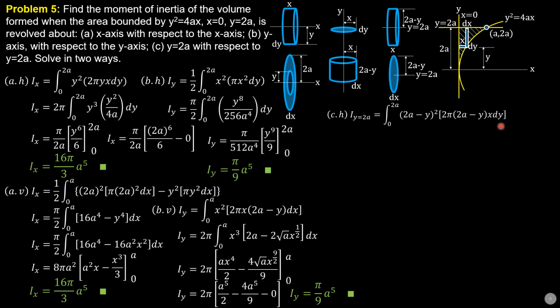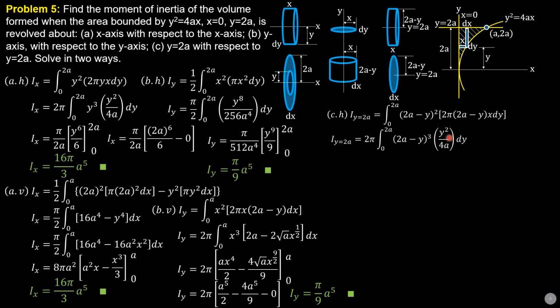The variable of integration is y, so we have here 2 pi integral 0 to 2a of 2a minus y cubed. Then we replace x by y squared over 4a. That would be 2 pi integral 0 to 2a of 2a minus y quantity cubed. Then x again is y squared over 4a dy.